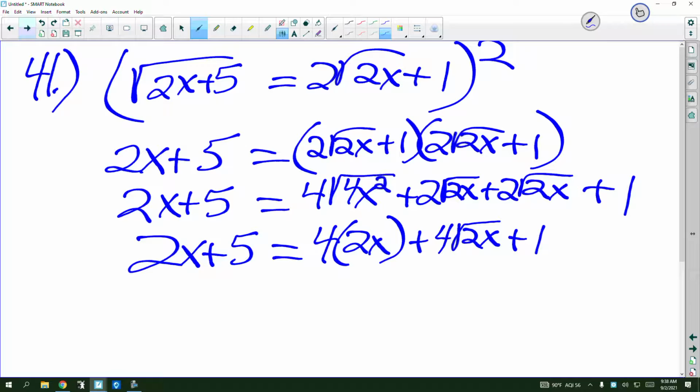Now all you gotta do is square. Oh, so you just keep using the same thing that they have. Heck yeah. So if I highlight this, that's one term.